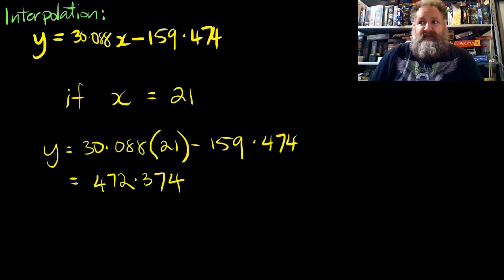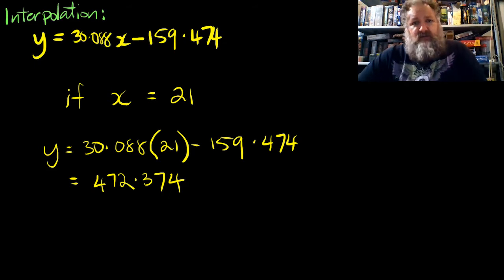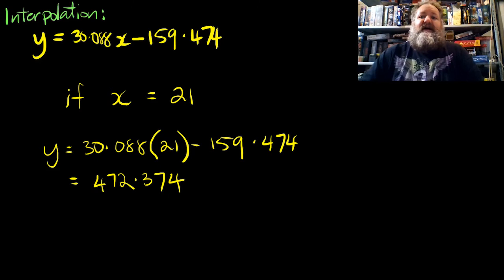We put that into our equation, multiply our new value for x by the gradient, take away that 159, and we end up with a value of 427.37. So this shop could expect to sell somewhere around $427.37.